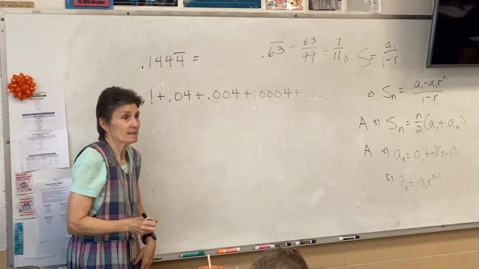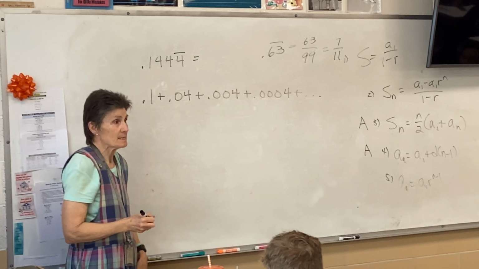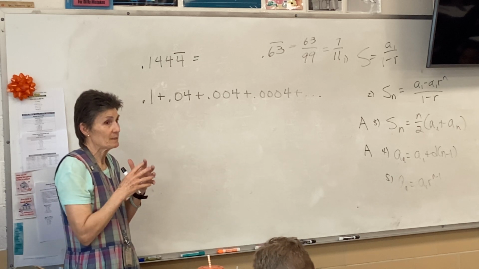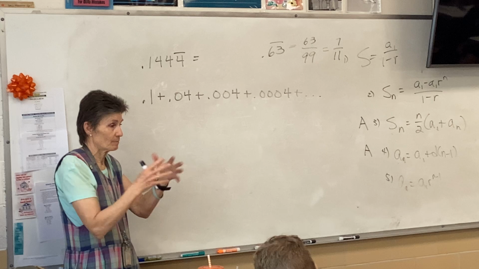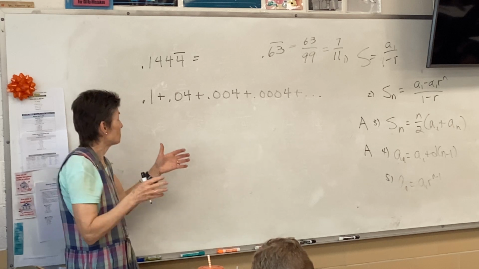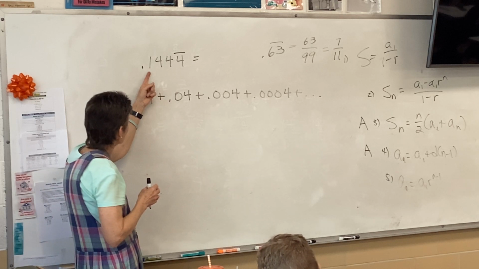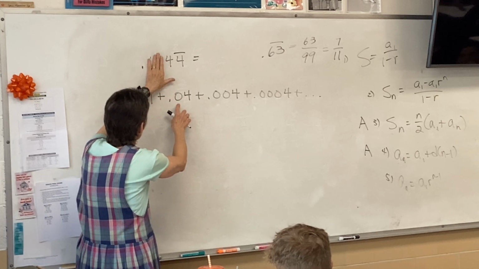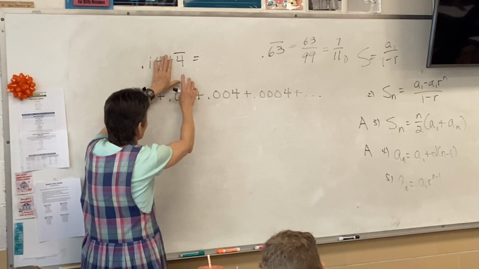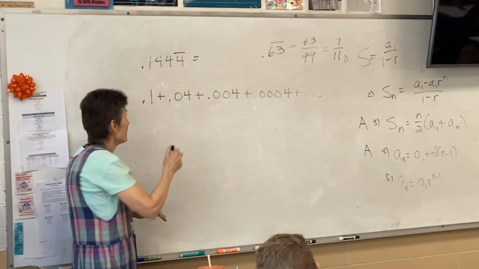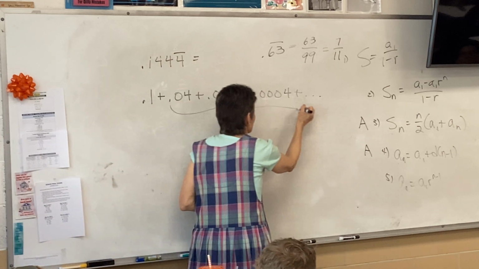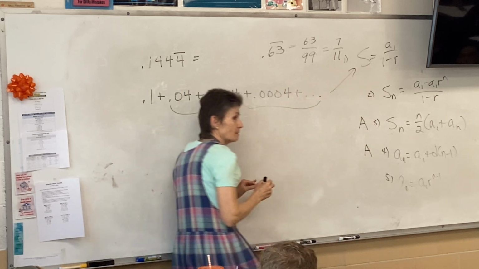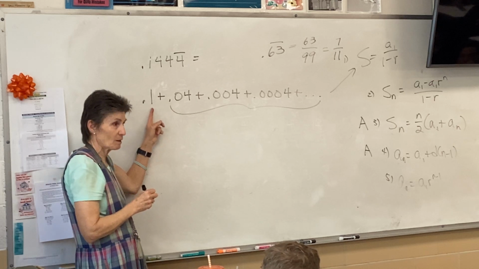For problems like this, you really need to think about your fraction as a sequence, a geometric sequence. So there's a 0.1, take that out. Now there's a 0.04, take those out, 0.004, and so on. This part is the actual series part, because the 0.1 doesn't fit the pattern.